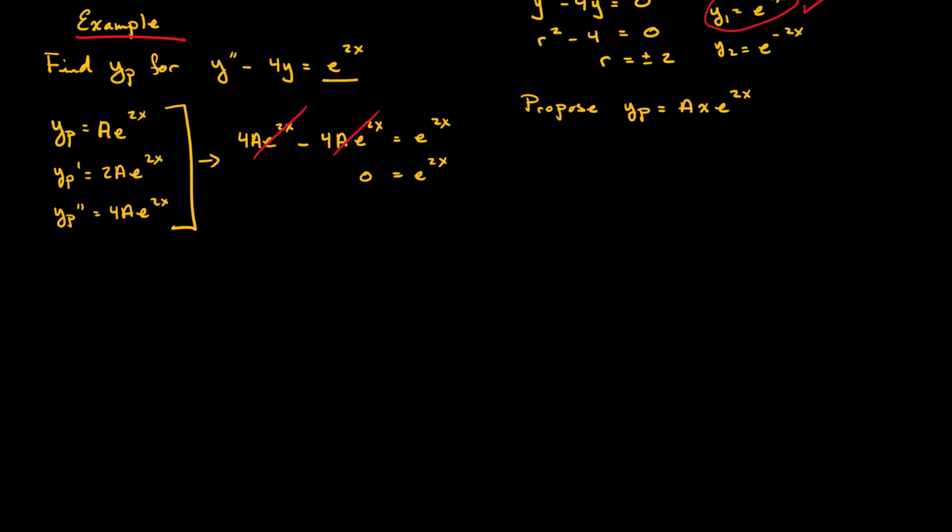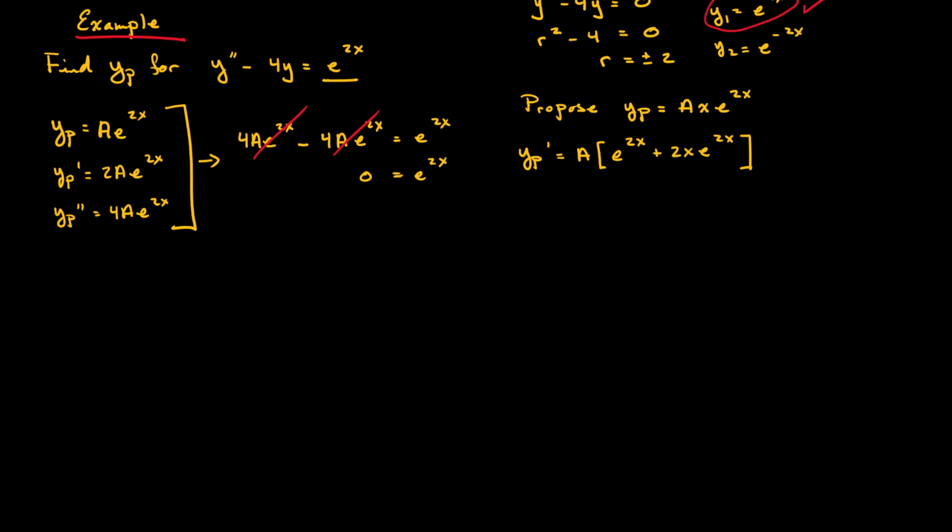So let's have a look at that. Again, we will need to take some derivatives. So we have yp prime. We'll have to use the product rule here, because we have two functions, x and e to the 2x, that are being multiplied by each other. So what we find is that we have a multiplied by e to the 2x plus 2ax e to the 2x.